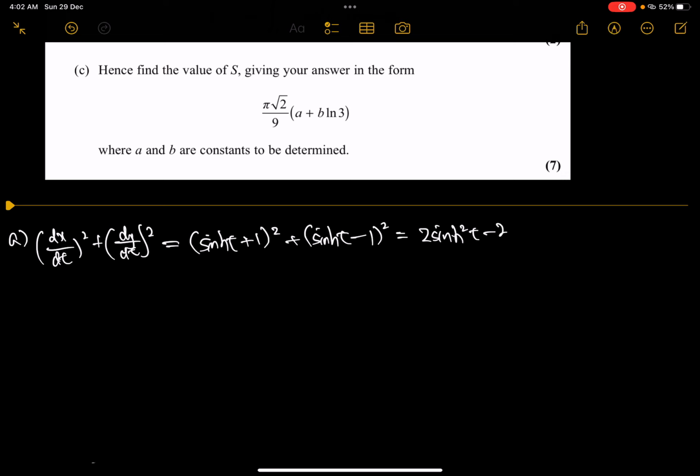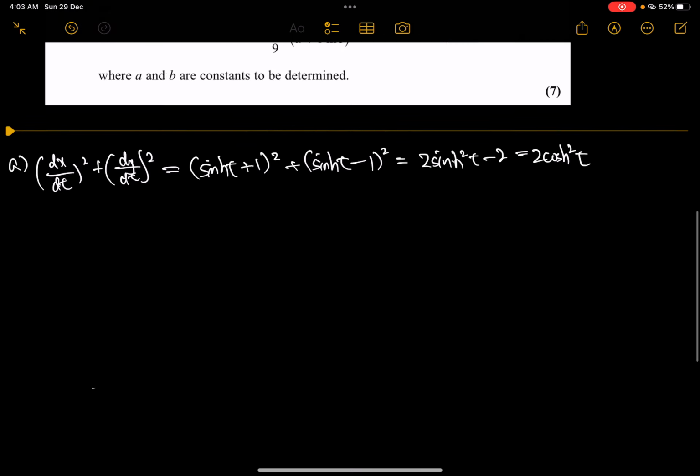Obviously hyperbolic cosine squared t minus hyperbolic sine squared t equals 1. So this is 2 hyperbolic cosine squared t minus 2. I think. No, that's a plus 2.